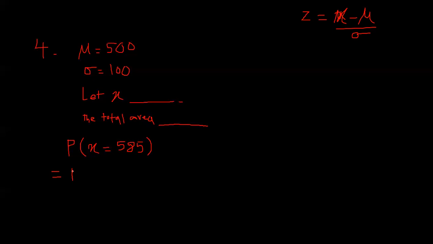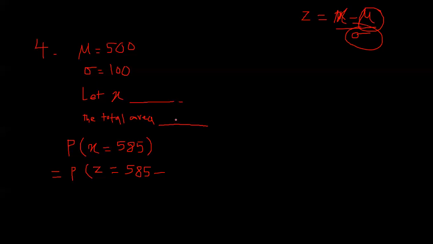Let's see how to get Z. The value of x is 585, minus mu, and divide by sigma.